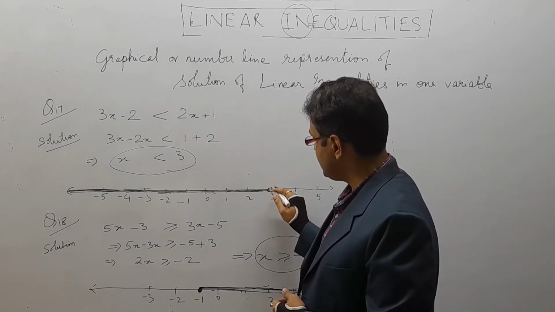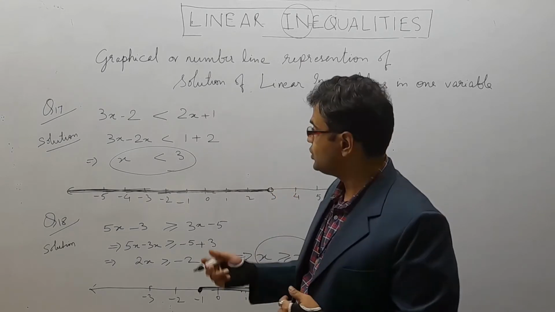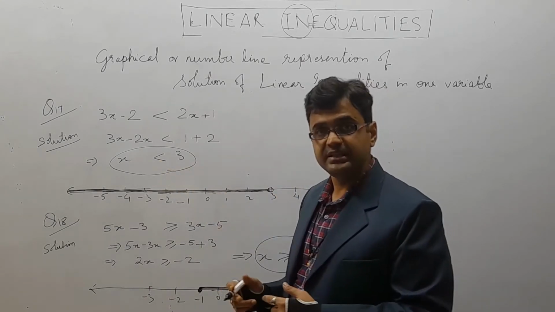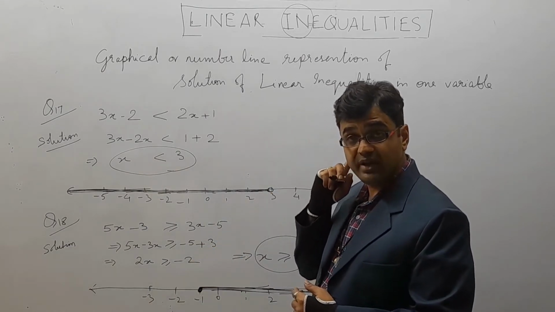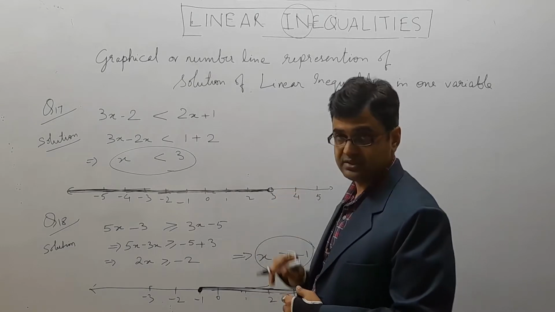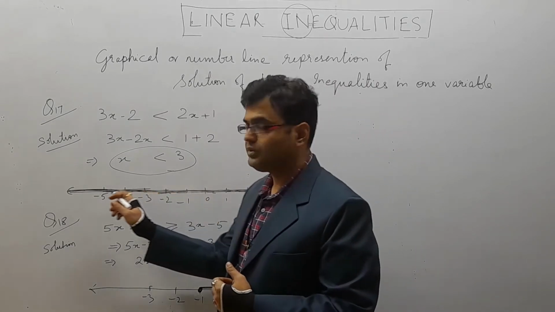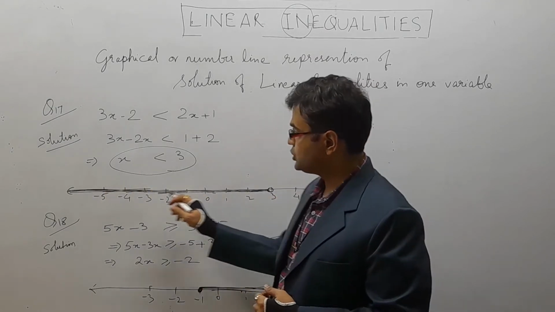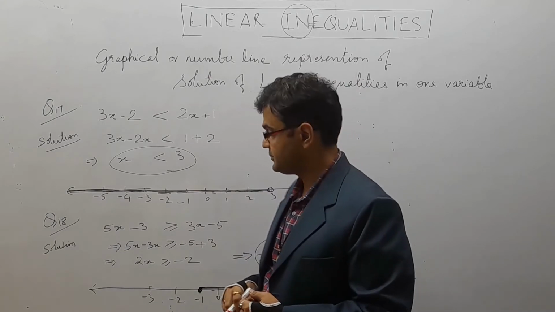We will not shade this circle because 3 is excluded. This is not x less than or equal to 3, it is simply x is less than 3. So here we have excluded 3. When we are excluding 3, we will show it as a circle and not darken it. The remaining line we will darken. So this portion shows the solution of this particular inequality.